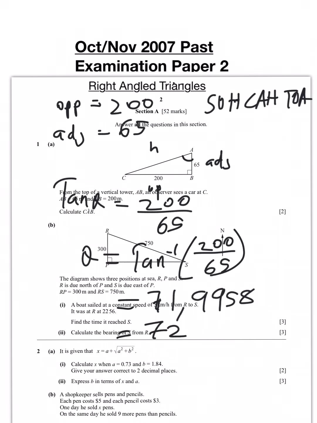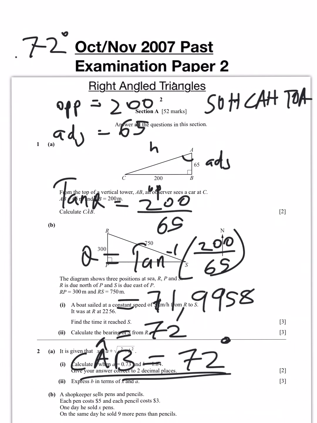So our angle CAB is equal to 72 degrees. This is what we are told to find. But let's look at another way of dealing with it. So our angle is 72 degrees.